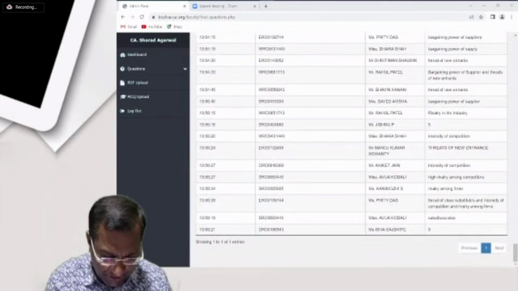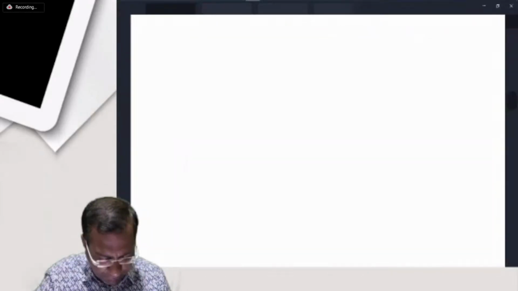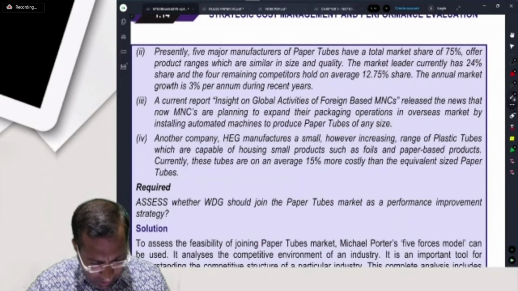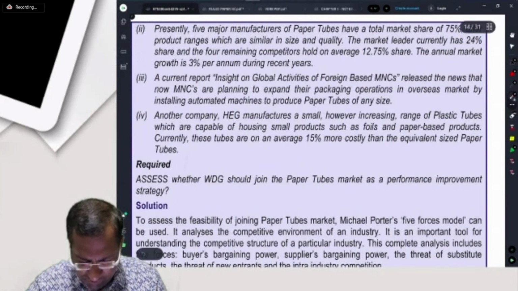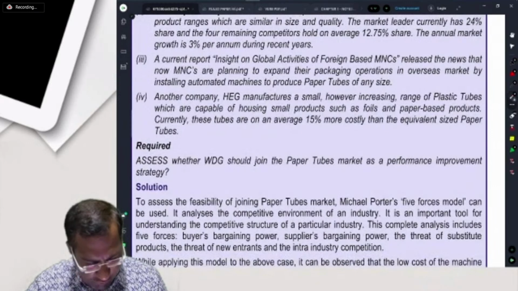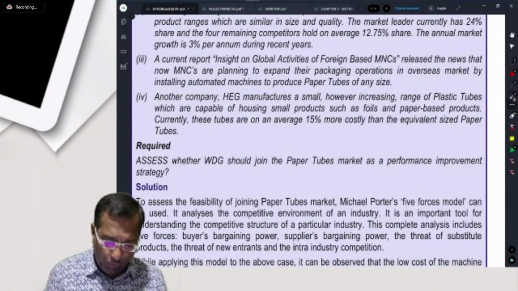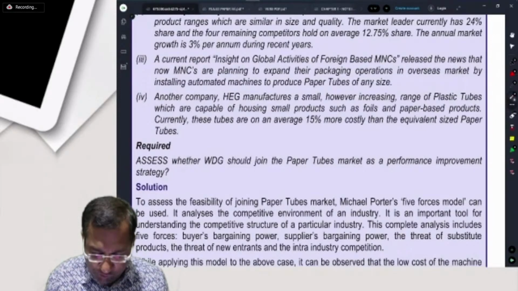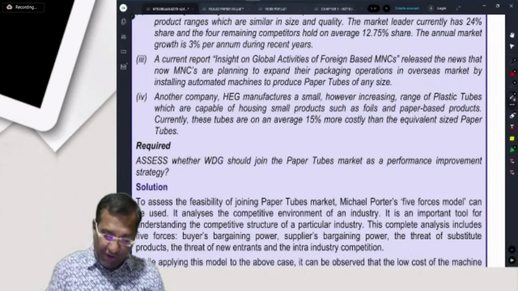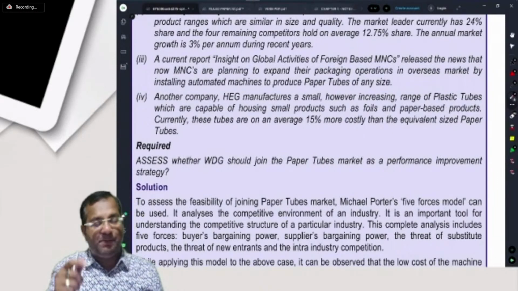Okay, moving ahead, next para. A current report insight on global activities of foreign based MNC released the news that now MNC are planning to expand their packaging operation in overseas market by installing automated machine to produce paper tubes of any size. So this point will also be covered in point number 5.